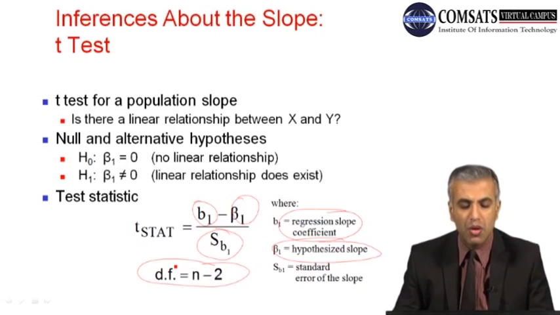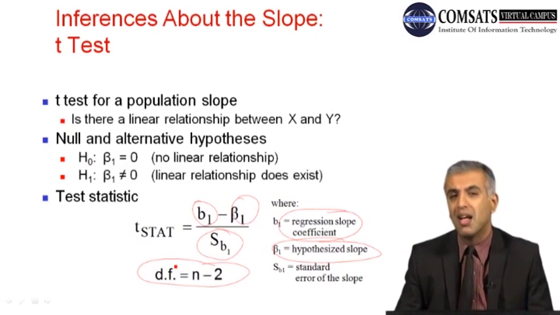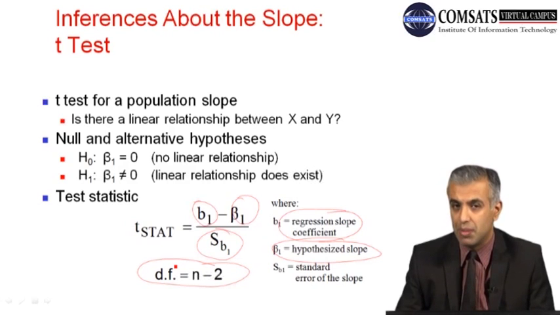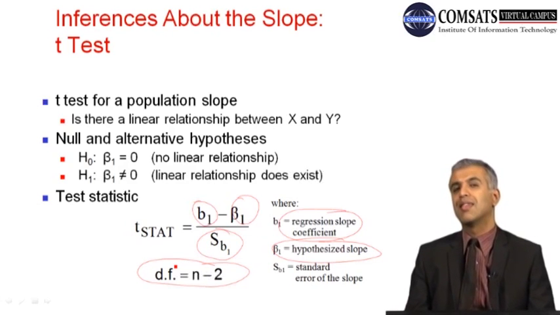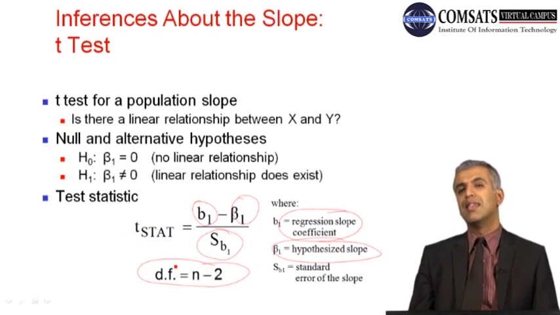To answer that question, we have to go through the exercise of giving the same null and alternative hypothesis statements as before, and then apply a test statistic, and in this case the t statistic is more commonly followed.